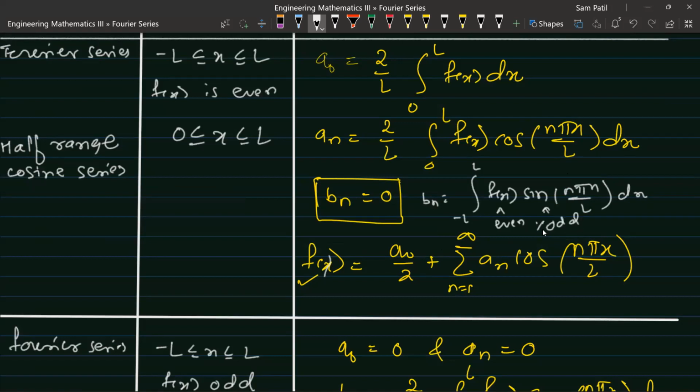What is even into odd? Odd function. Yes, even into odd is odd. So it is minus L to L of an odd function.